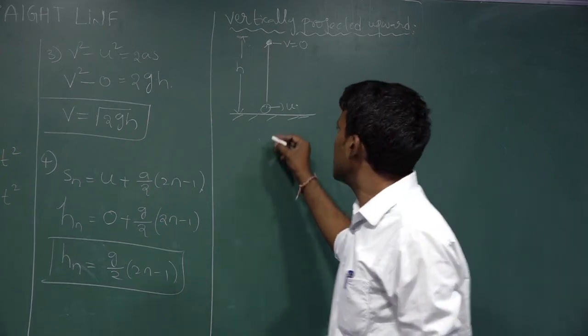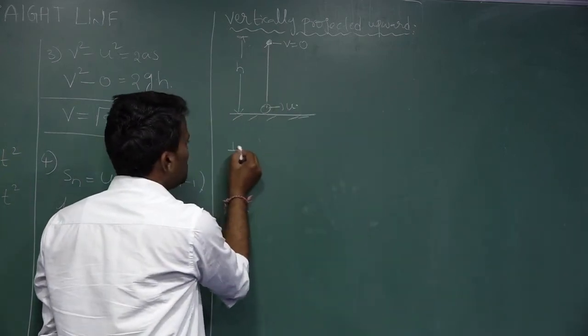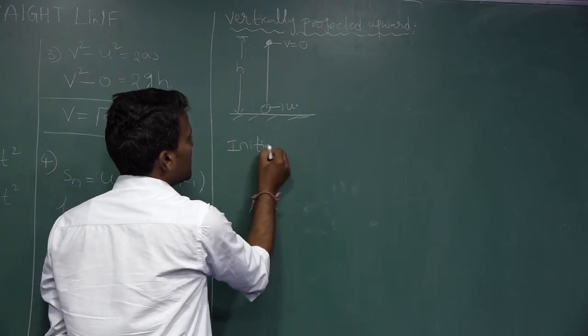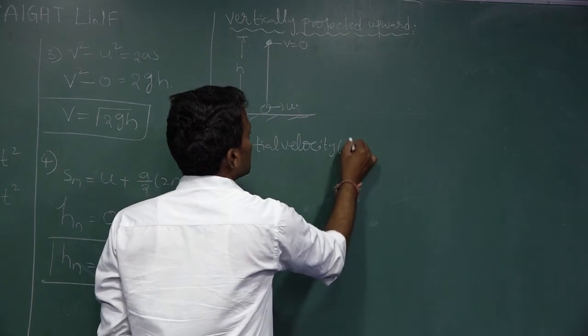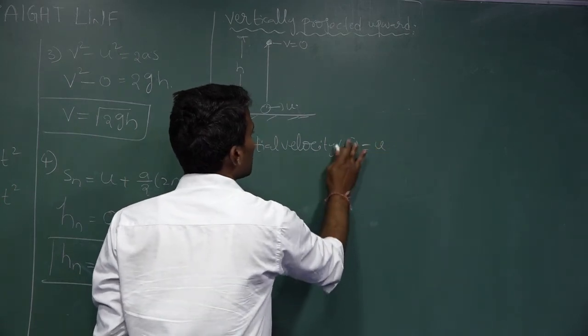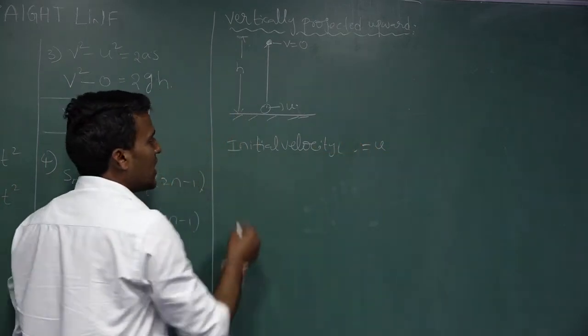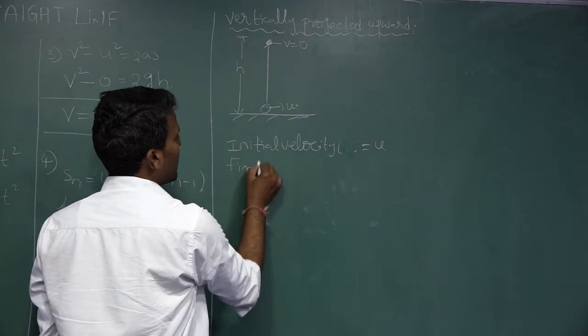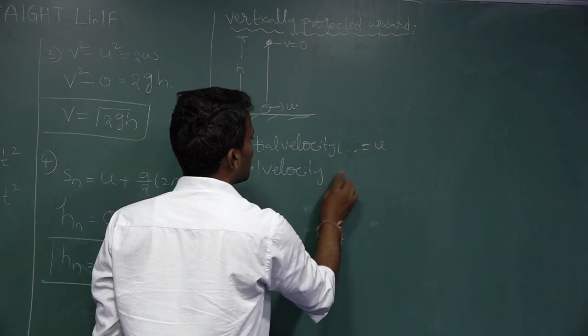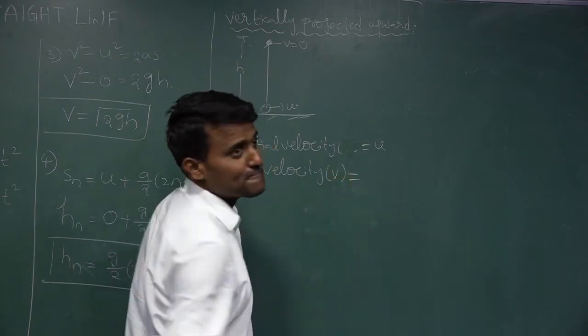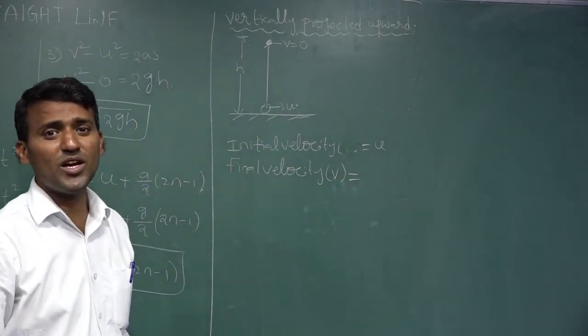Then after acceleration, first initial velocity u is equal to u, and final velocity is equal to how much? What is the final velocity? It is equal to 0.